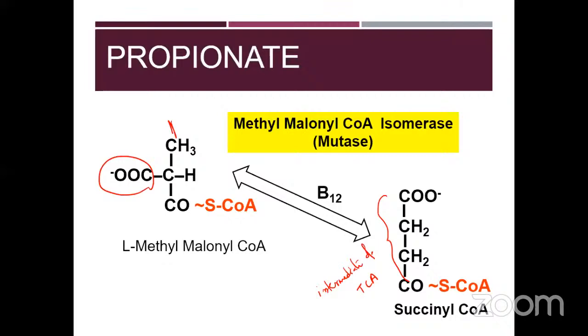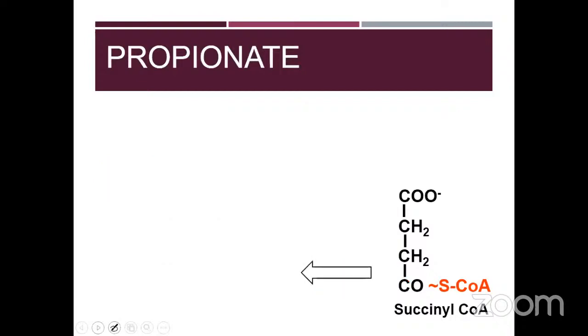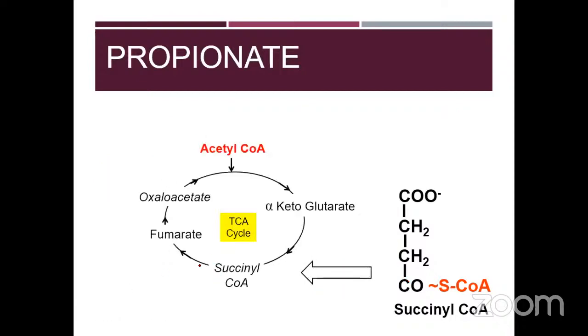Which amino acid is most commonly gluconeogenic? Alanine. Third is the glycerol part of fat. And fourth is propionate, from odd chain fatty acids. So succinyl CoA can be channeled to the TCA cycle.